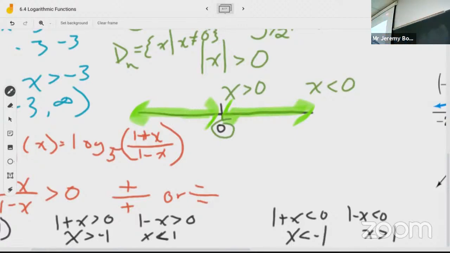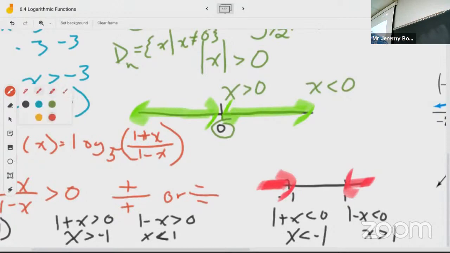You always draw it. -1, 1. We're asking if it's possible for it to be here and here. No, right? They don't contain the same area. So it's impossible for a number to be both less than -1 and greater than 1. So this cannot happen.